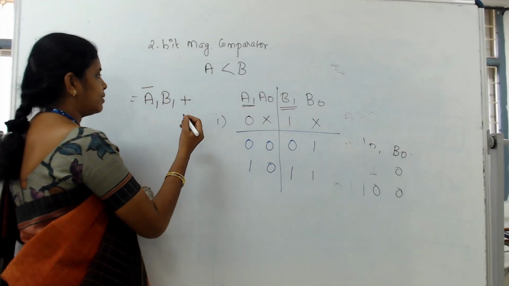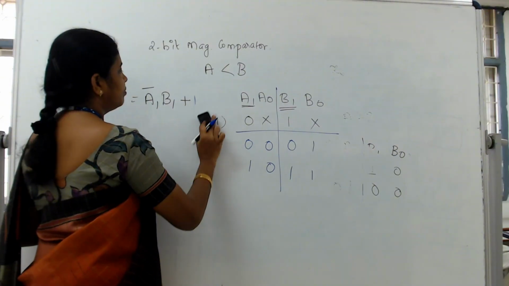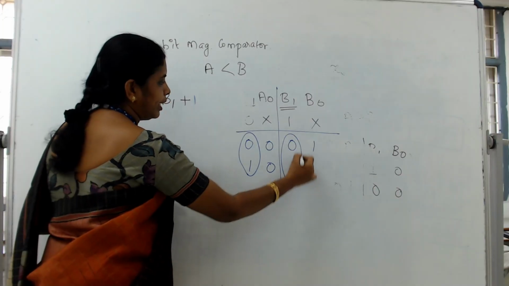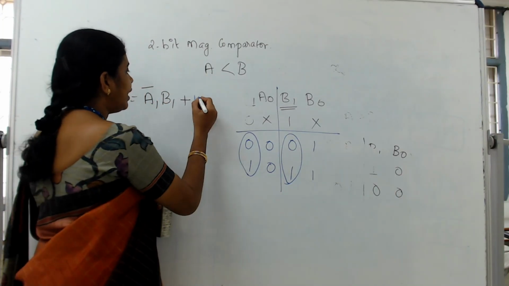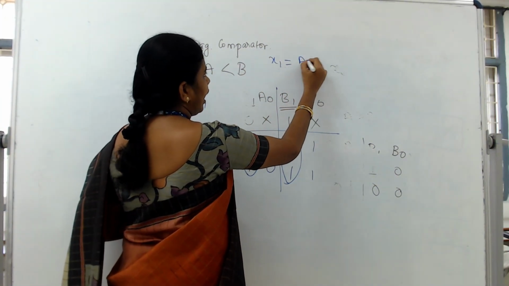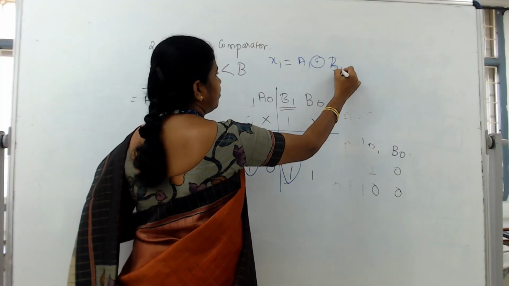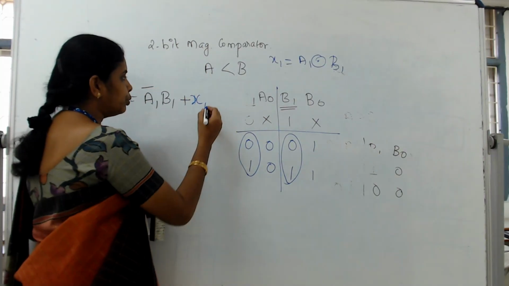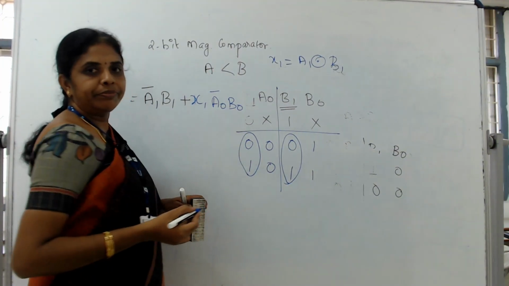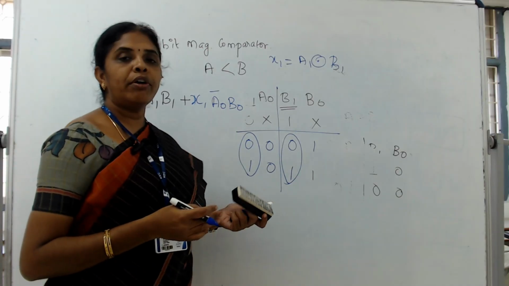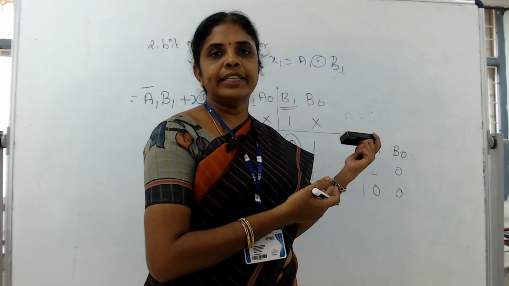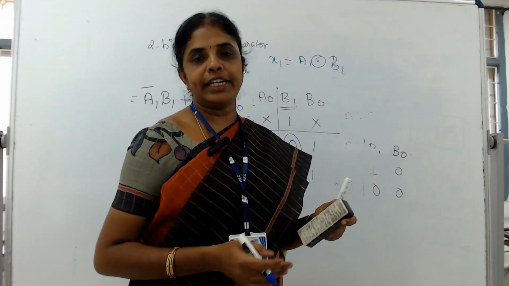So we can write the expression as: here the MSB bits of A1 and B1 are equal. The corresponding expression is x1, where x1 represents A1 XNOR B1. So x1 into A0 bar into B0. So instead of getting into the truth table and writing the expression, we can directly write the expression based on logical analysis. Right.